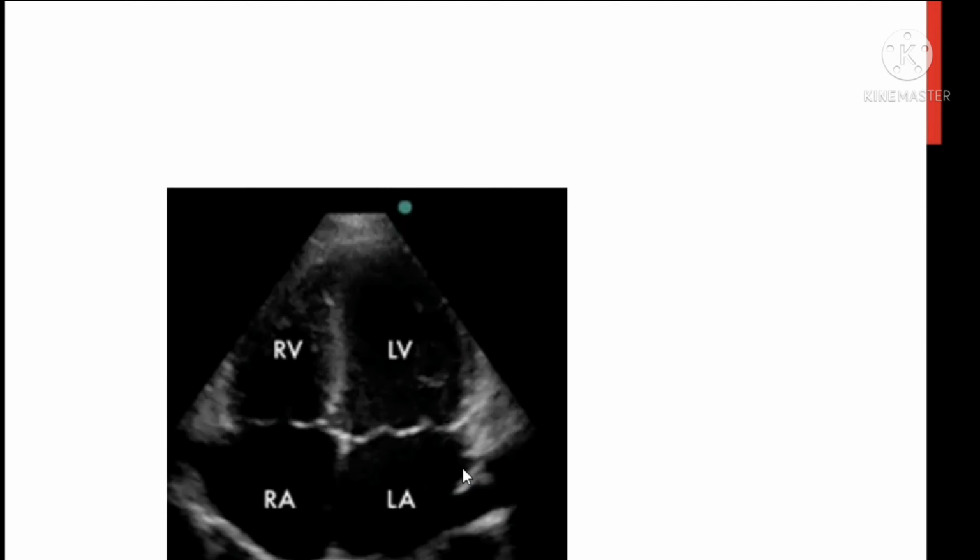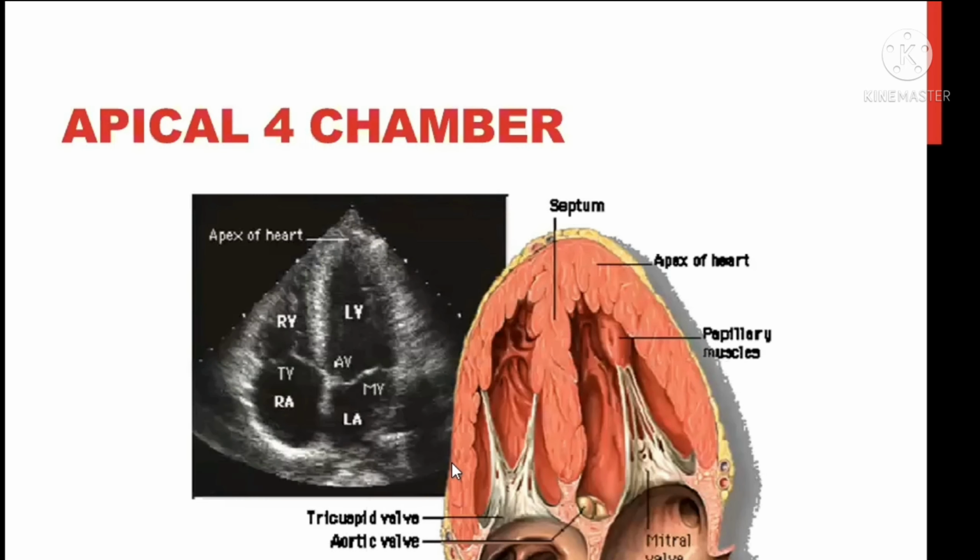Atrial enlargements can be assessed, along with Doppler. You can assess also regurgitation. So same apical four chamber: right and left ventricle, right and left atrium, tricuspid valve, mitral valve. This is a cadaveric view.